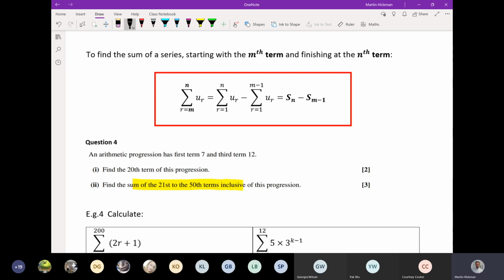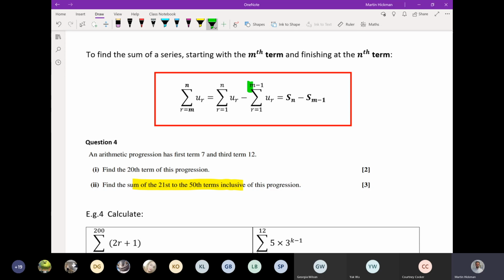So this is why we have this formula here that you can see in the red box. If our first term is r equals m and we're going to n, what we want to do is find the sum of all the terms from r equals 1 up to n, but then take away all the terms that we don't want.